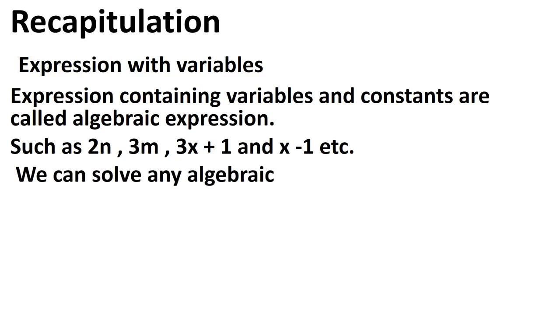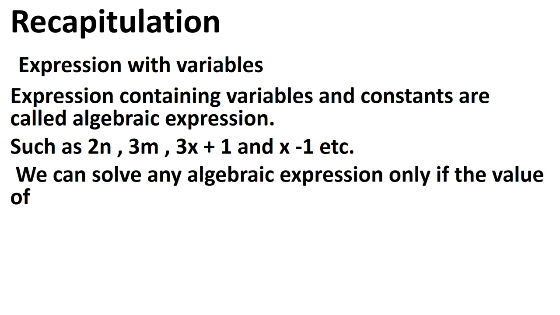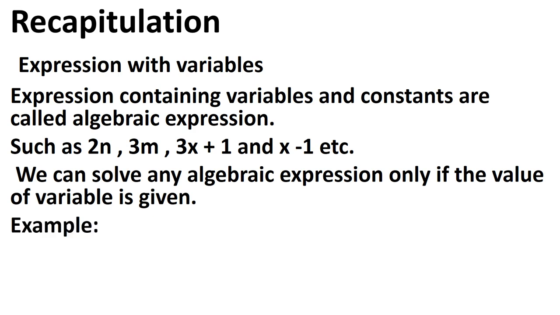We can solve any algebraic expression only if the value of the variable is given. If the variable which is present in the expression, its value is given to us, then only we can solve that algebraic expression. See the example. 3x plus 1.